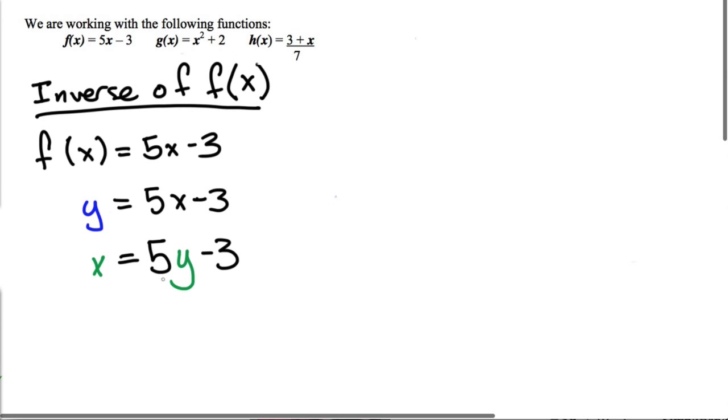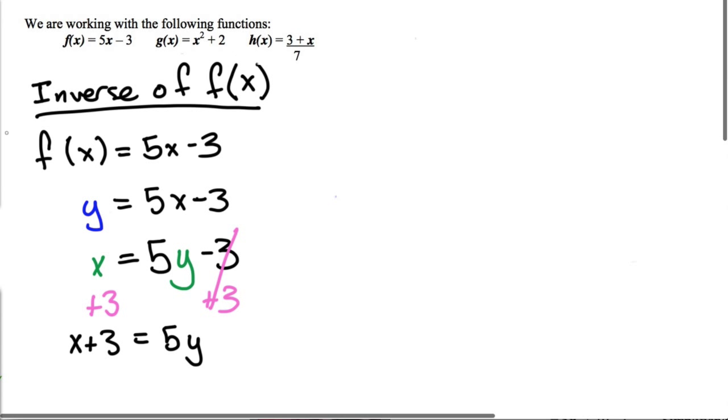Okay, so now I'm trying to solve for y. So I'm going to add 3 to both sides. Okay, so then I have x plus 3 is equal to 5y.